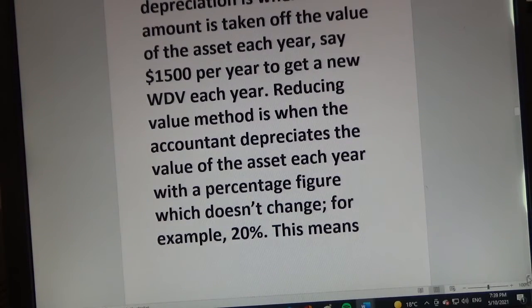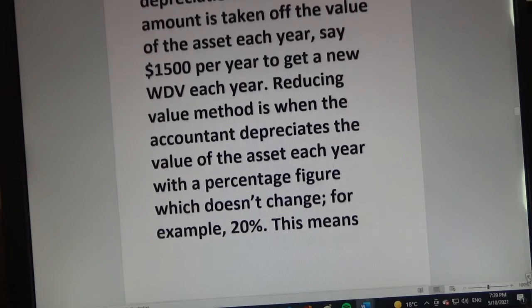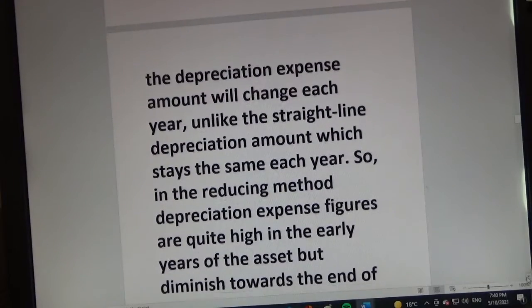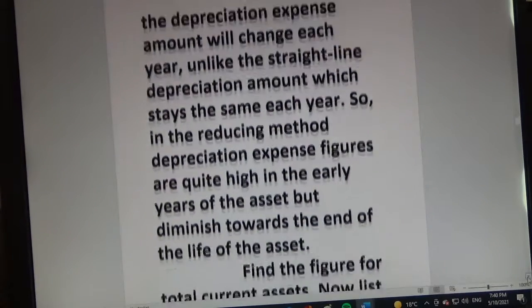But the reducing value method is when the accountant depreciates the value of the asset each year with a set percentage figure, which doesn't change, for example, 20%. This means that the depreciation expense amount will change each year with the reducing value method, also called diminishing, unlike the straight line depreciation where the same amount of depreciation expense comes off every year.